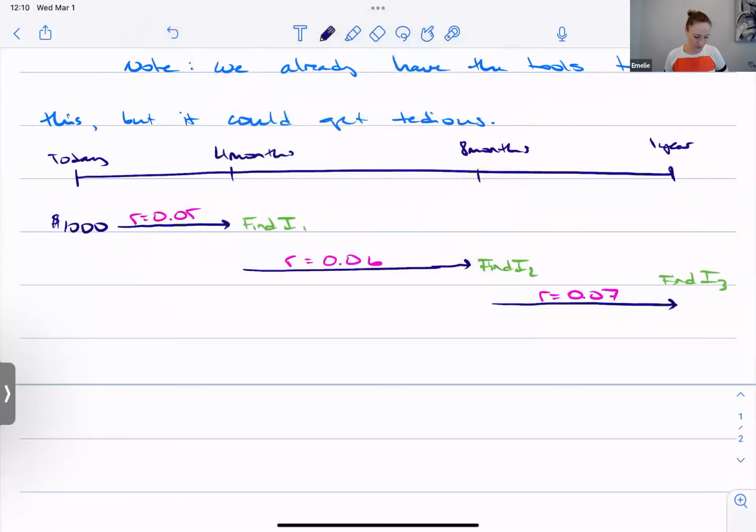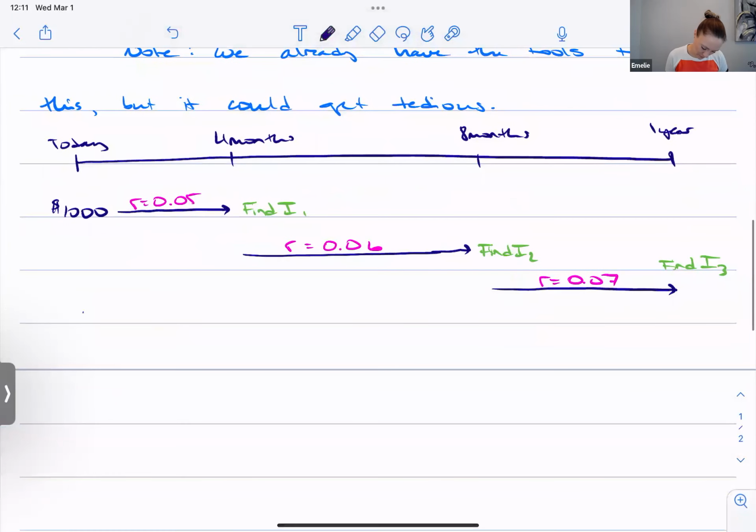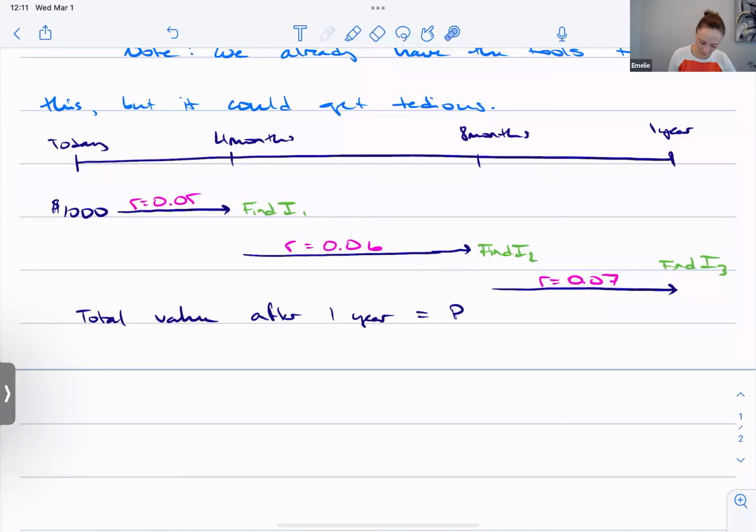Okay. So then the total value after 1 year is going to be P. So here I'll say P is equal to 1,000. That's your principal investment amount.